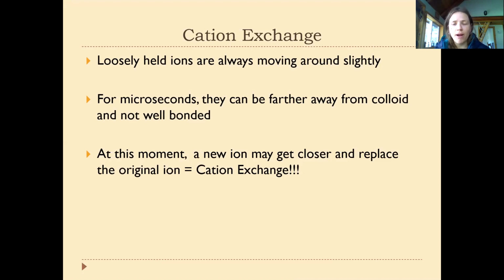And as they vibrate around, they might, for microseconds, be slightly farther away from the colloid surface than another cation that is cruising by, moving through just randomly in the soil solution. And at that moment, as these two elements are randomly vibrating around, one might get close enough to the other to exchange it, just like bees coming and going from the swarm. And that, again, is what we refer to as cation exchange.